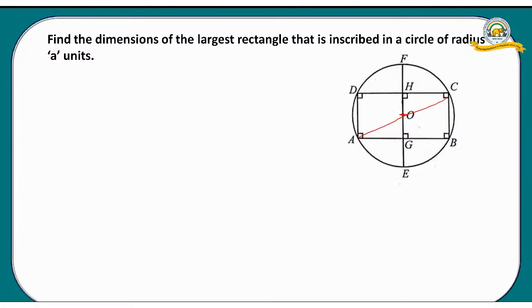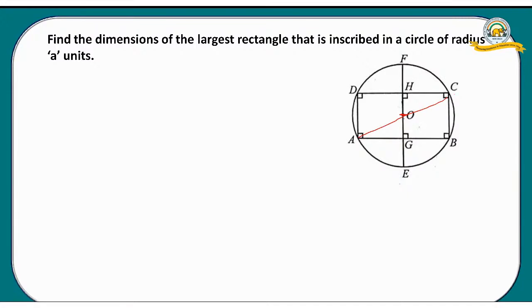Since ABCD is a rectangle, angle B is a right angle and angle D is a right angle. That means the diameter subtends a right angle on the circumference of a circle. This is the concept you have learned in the 10th class. So since angle ABC equals 90 degrees, AC must be the diameter.